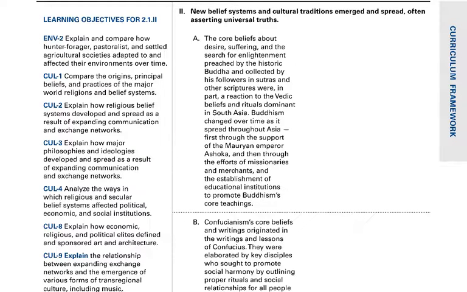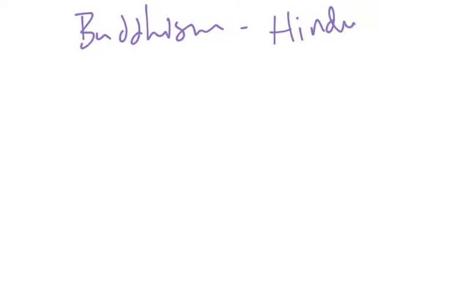So let's talk about Buddhism. The core beliefs of Buddhism about desire, suffering, and the search of enlightenment. Buddhism reforms Hinduism, and in doing so does away with a couple of things.